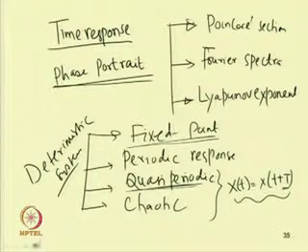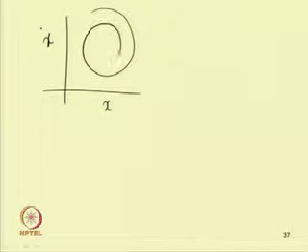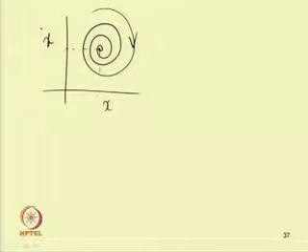So, let us plot the phase portrait of the system in case of a fixed point response. Phase portrait, for example, this is x versus x dot. In case of a fixed point, if the system is stable, the response will come to this point, and this is the final fixed point response of the system.